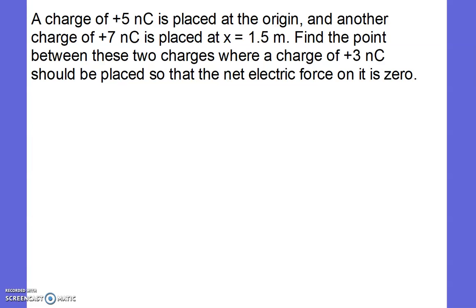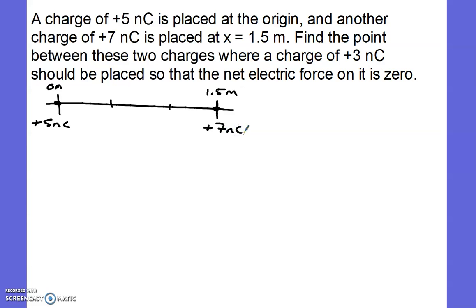So first thing we're going to do to visualize this, we're going to draw a picture. We have at the origin, so at 0 meters, a charge of positive 5 nanocoulombs. And then, going by halves, at 1.5 meters we have a positive 7 nanocoulomb charge as well.